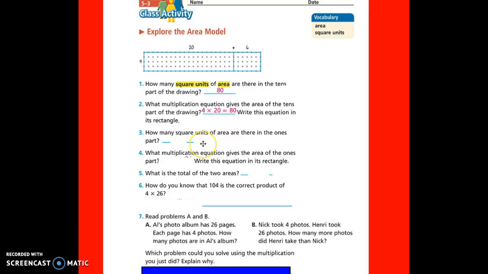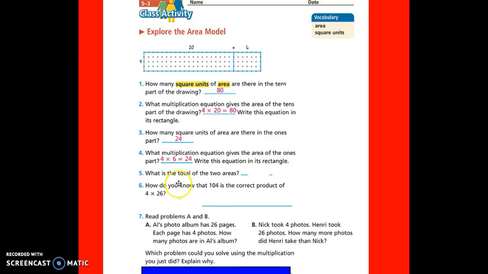Now how many square units of area are there in the ones part? Look here, we've got 6, we've got 4, 6 times 4 is 24. What multiplication equation would I write to find that? Well, we did 4 times 6 equals 24.